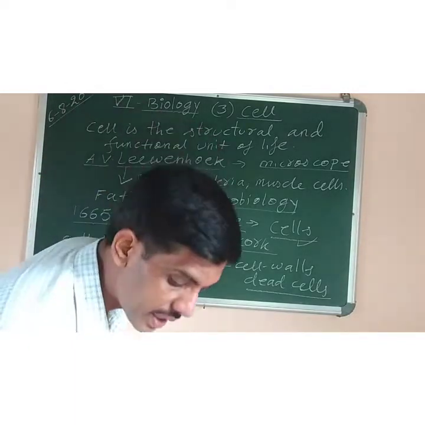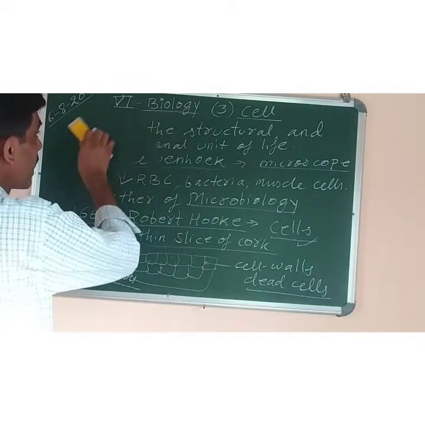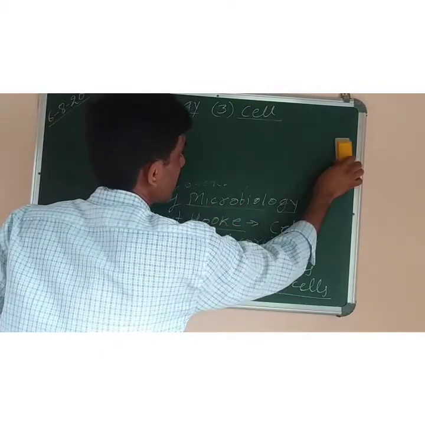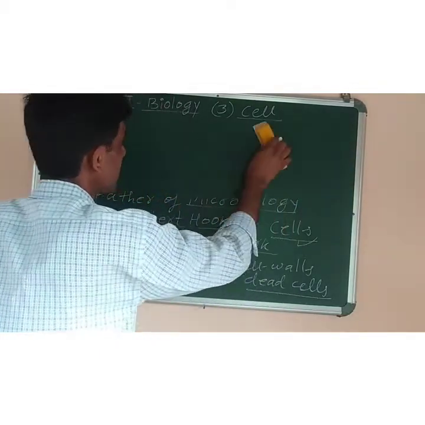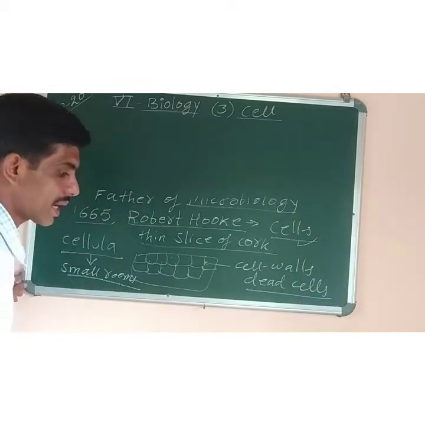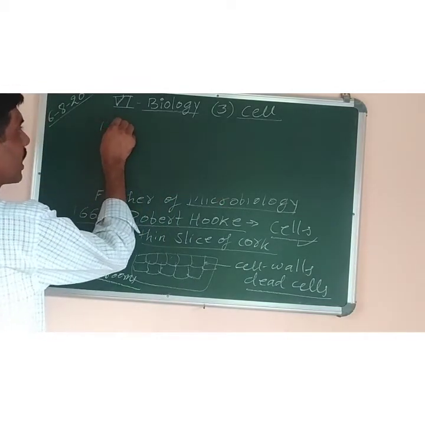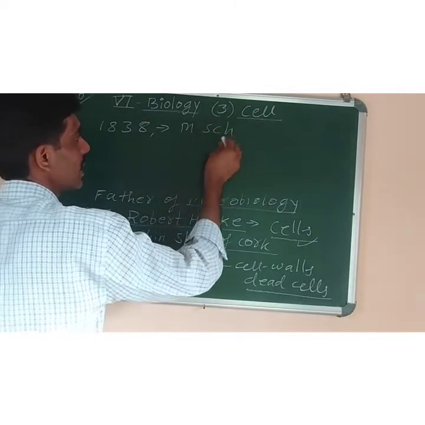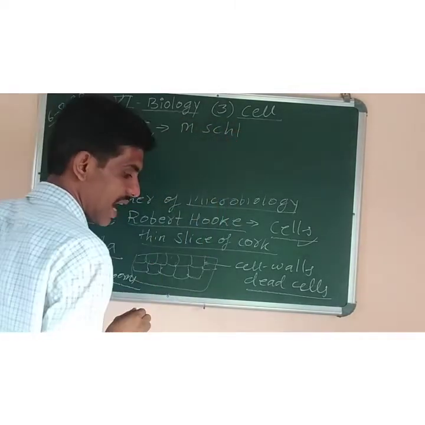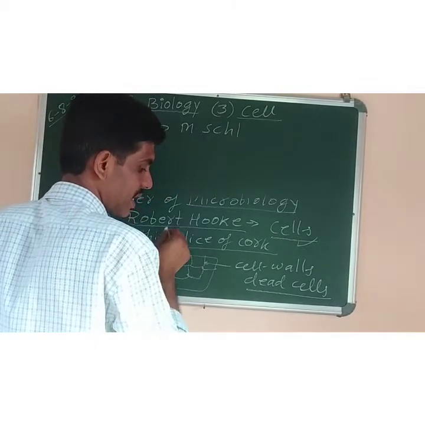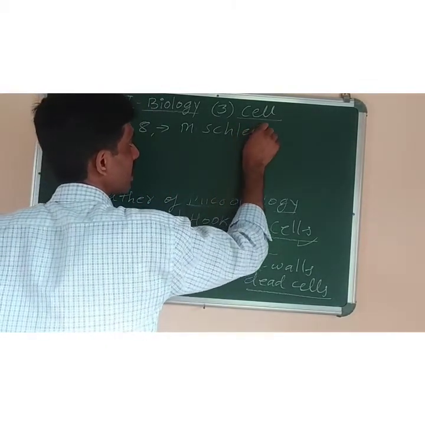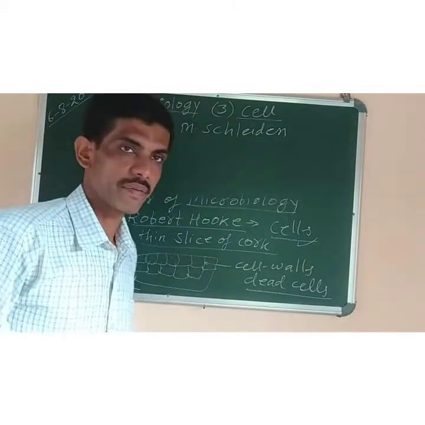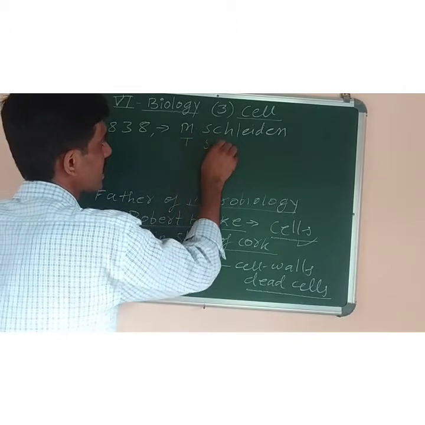Now, another scientist. In the year 1838, a German scientist named Matthias Schleiden, and Theodor Schwann.